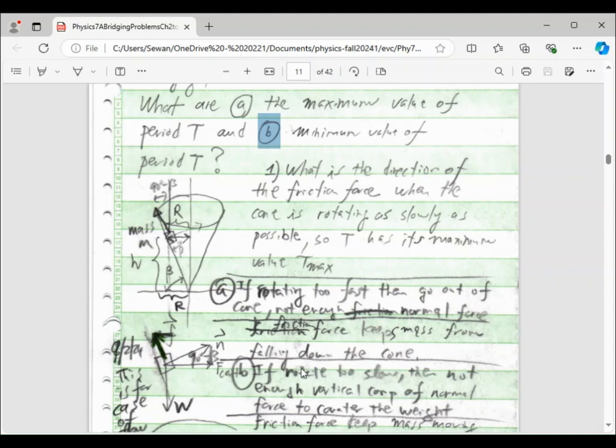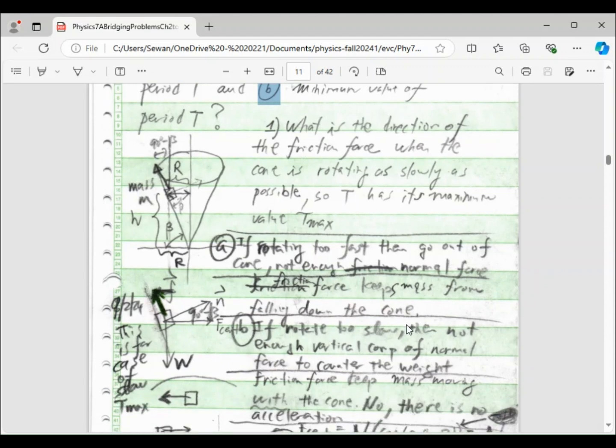For the other case, if rotating too slow, then we don't have enough vertical component of the normal force to counter the weight, and thus the piece of mass would slide down the cone.